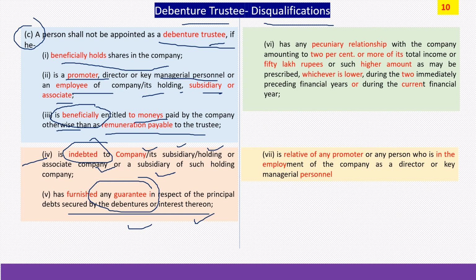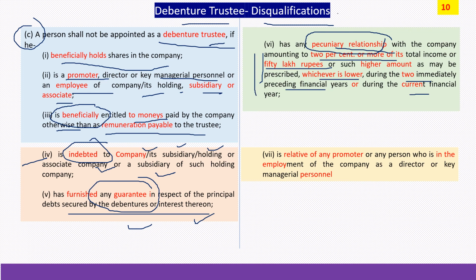Or he has dealings with the company to the extent of 2% or more of its annual income, or rupees 50 lakhs, whichever is less. He deals with the company to the extent of this volume. That pecuniary relationship is established during the 2 immediately preceding years or during the current year, in which case his relationship is established, he is disqualified.